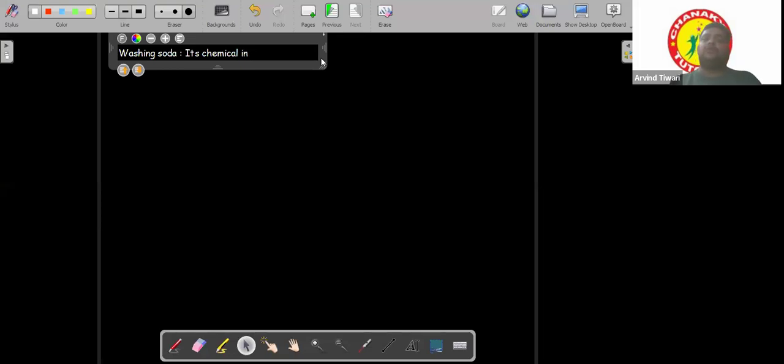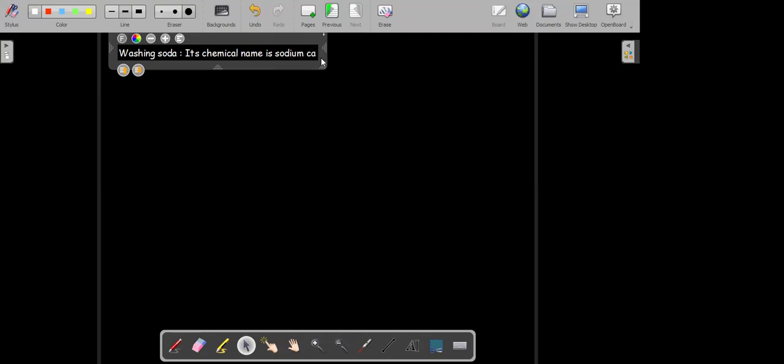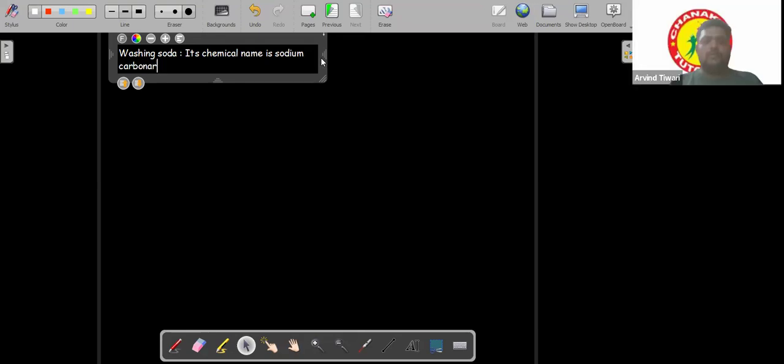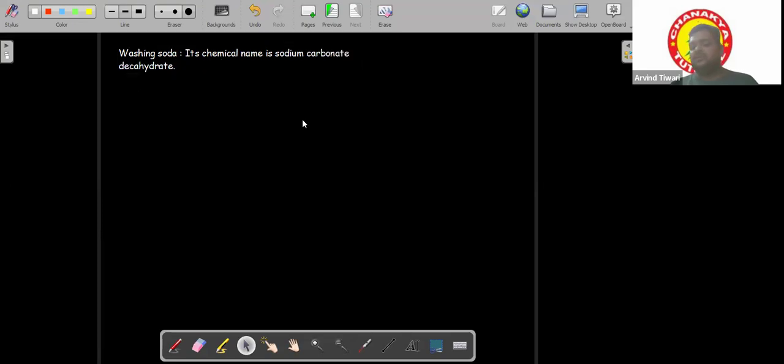Okay. So washing soda, its chemical name is sodium carbonate. Are washing soda and caustic soda the same? No, they are not the same. Washing soda, its chemical name is sodium carbonate decahydrate. We had discussed the water of crystallization. In your class 9th, you might have studied a little bit about the crystallization process.